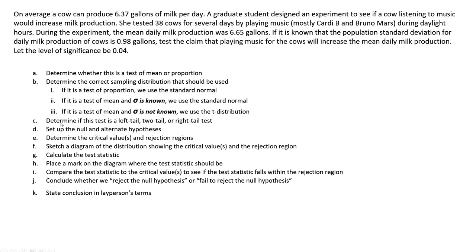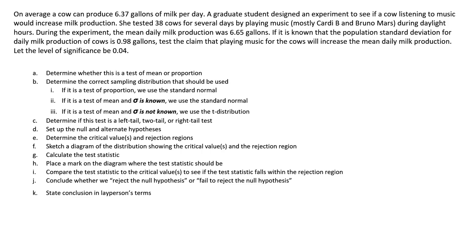Let's determine if this test is a left-tail, two-tail, or right-tail test. Set up the null and alternate hypotheses. Determine the critical values and rejection regions. Sketch the diagram of the distribution showing the critical values and the rejection region. Calculate the test statistic. Place a mark on the diagram where the test statistic should be.